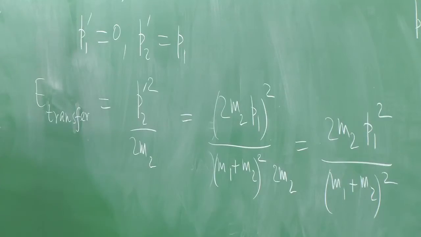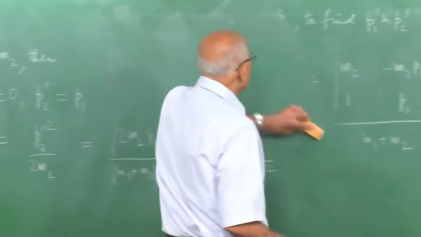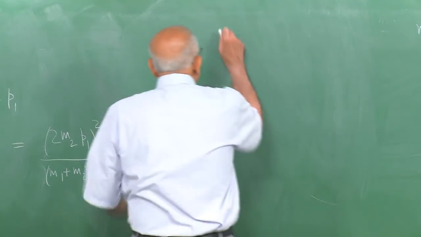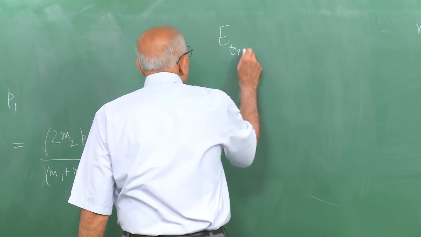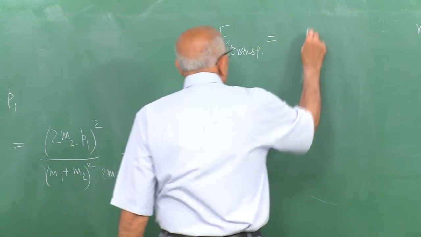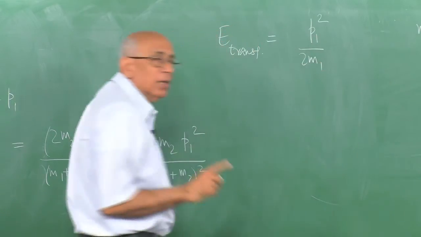Now what we'd like to do is to compare it with what the initial kinetic energy was, which is of course P1 squared over 2m1. So let me write this relation in the following way. Let me write E transferred as equal to P1 squared over 2m1, that's the initial kinetic energy.